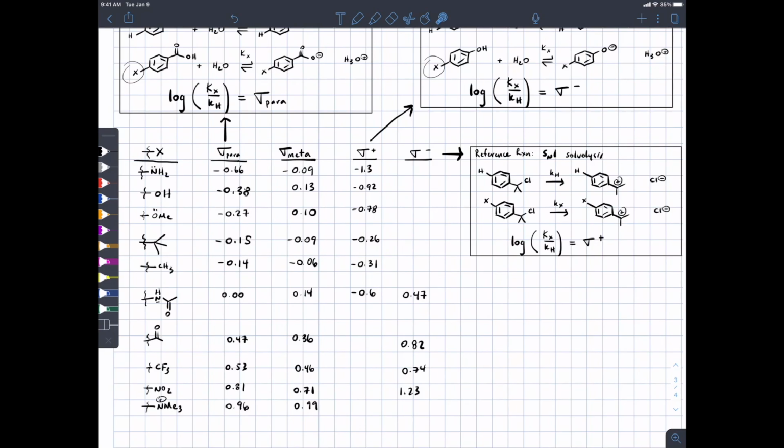Okay, so just be aware of this, and you may see in the literature people using sigma plus or sigma minus or sigma meta or some combination of them, and understand when they do that they're just trying to account for inductive effect versus resonance. All right, so that's enough, I think, on chapter 8.